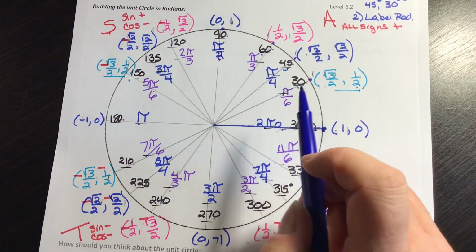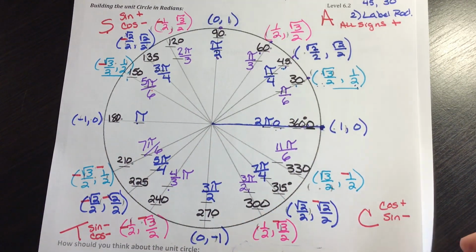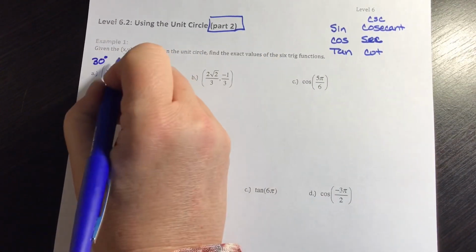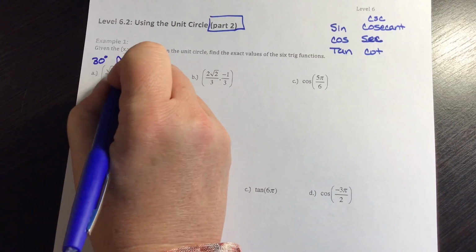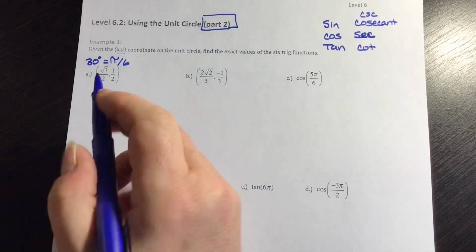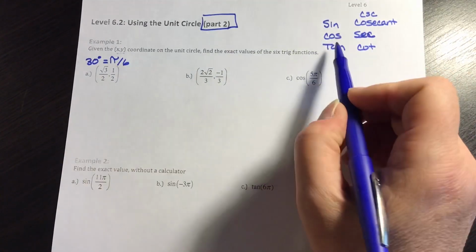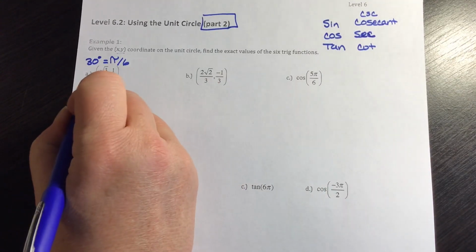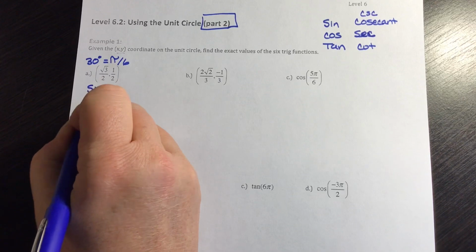All right, so I'm just going to label that. So this one is 30 degrees, or pi over 6. So that's the angle that we're referencing here. And now it's asking us to find these 6 trig functions. So I'm going to have sine and cosine.